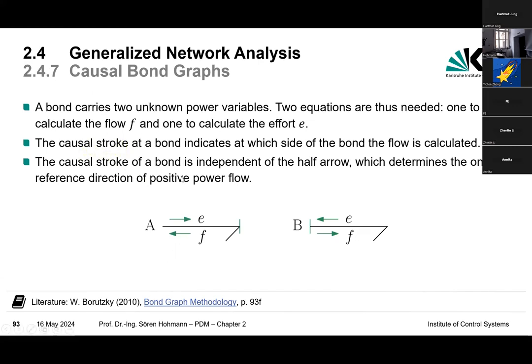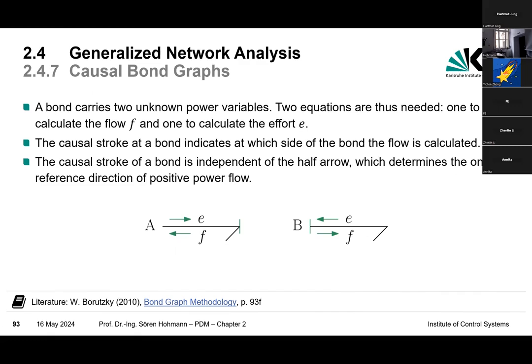These causal strokes indicate on which side of the bond the flow is calculated, so which side of the bond the flow comes out of the corresponding effort variable and vice versa.